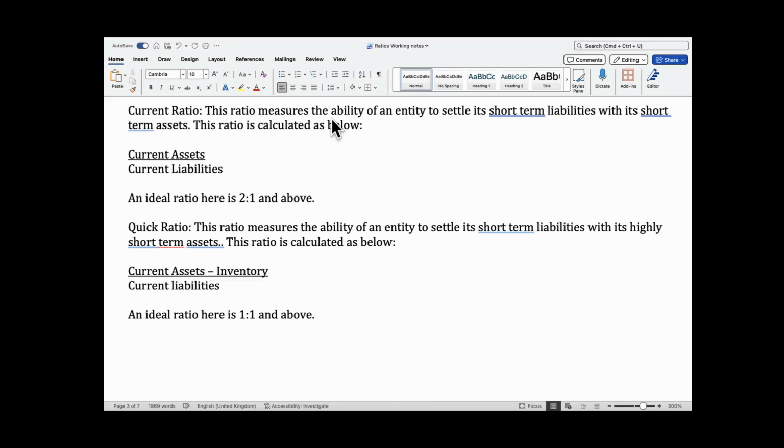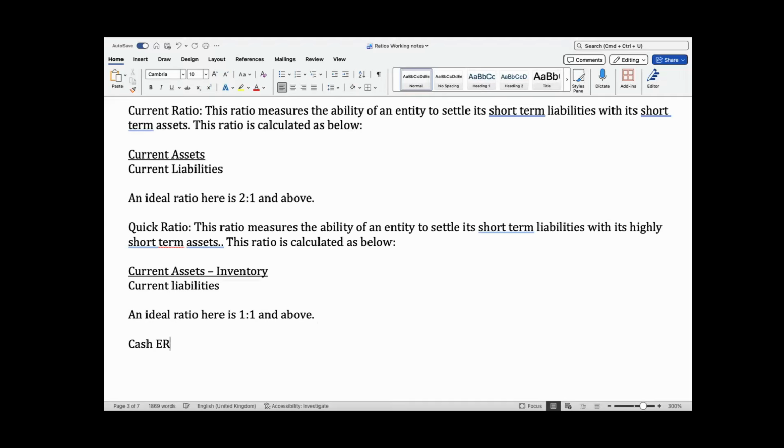If we are getting better, then I would hammer more on that. Or if you are better than industry, then I will emphasize more on that. This company is good because its ratio is better than that of industry. But the take home from here is that the higher the ratio, the better.